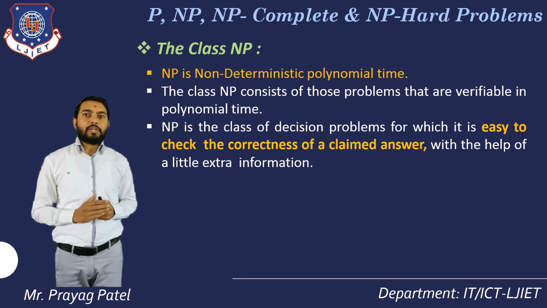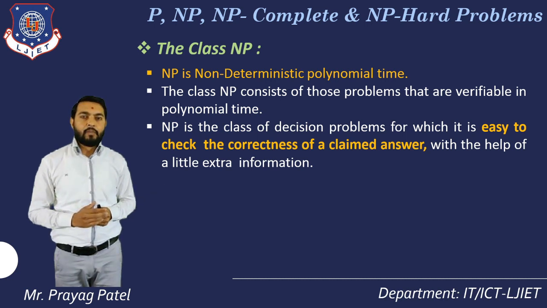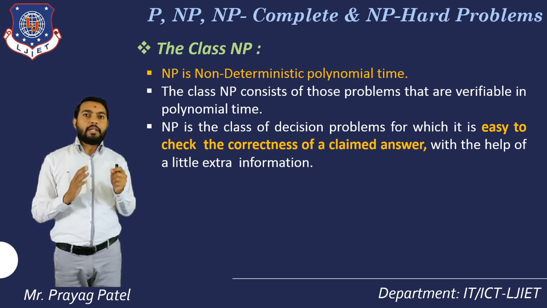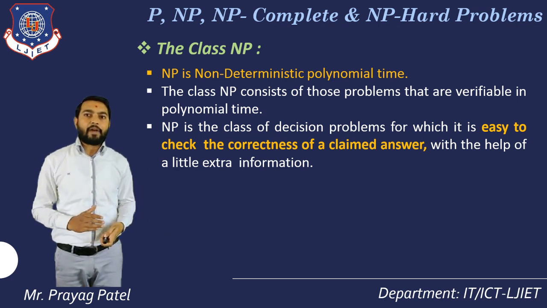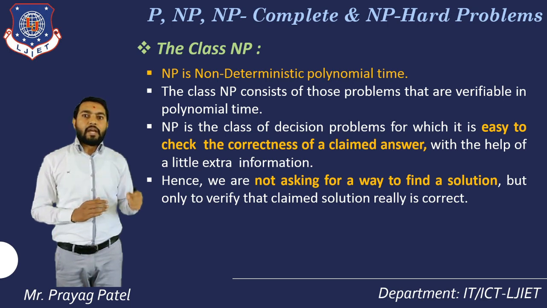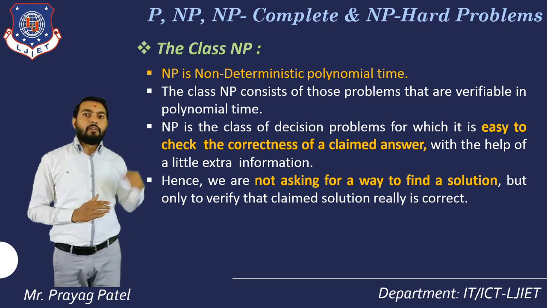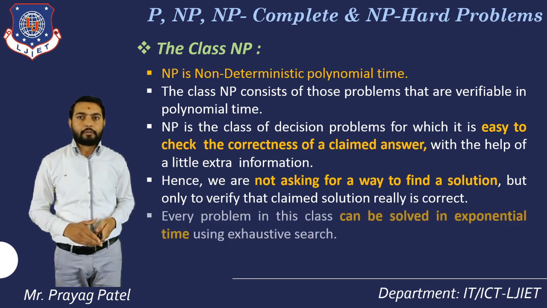NP is the class of decision problems for which it is easy to check the correctness of the claimed answer. Here we only check the correctness of an already found solution. We are not asking for a way of finding the solution, only to verify whether the claimed solution is correct or not.